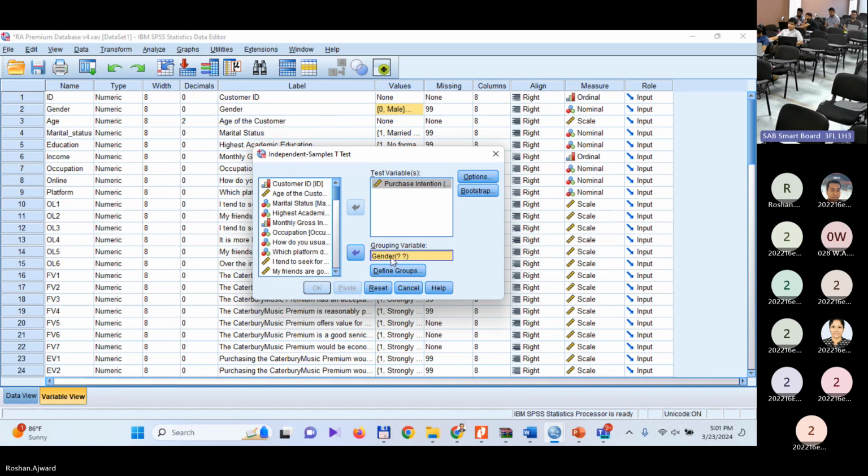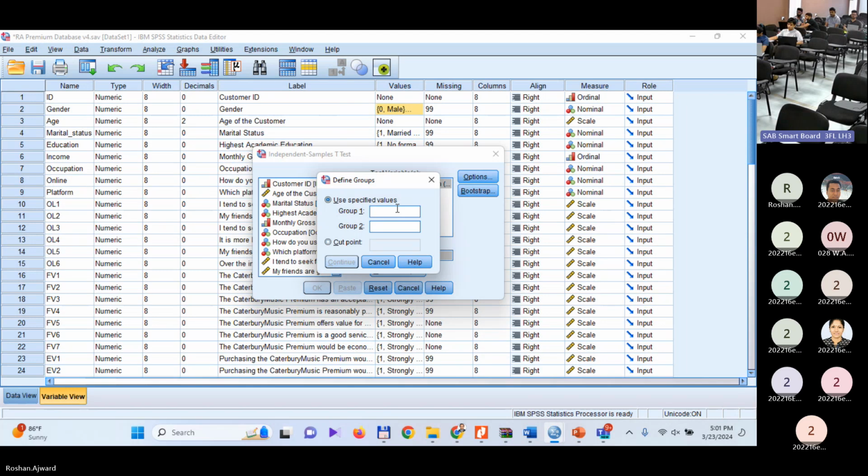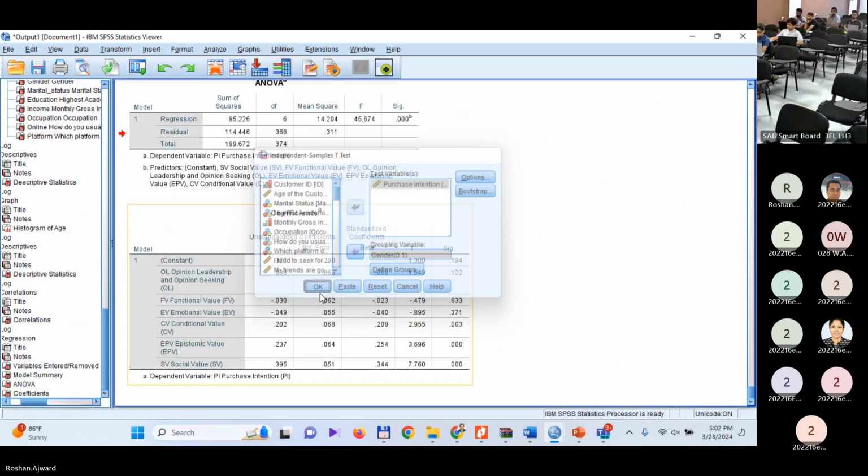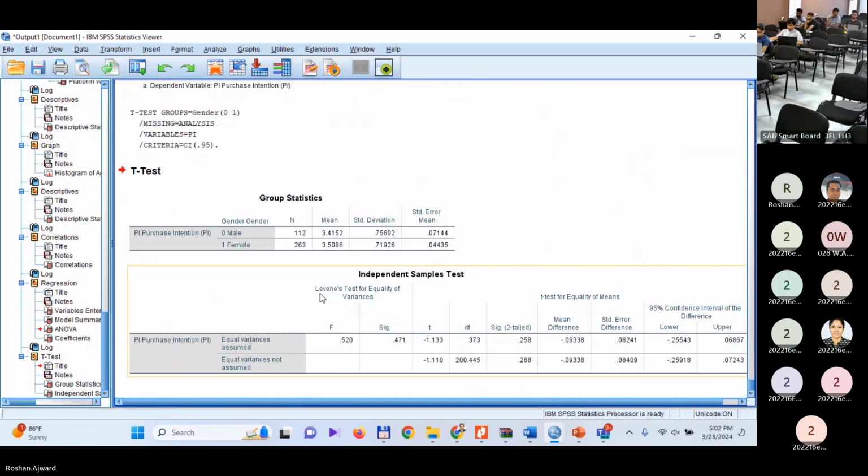Once you put gender, two question marks appear. Define groups 0 and 1, and you can press continue. So it knows what the 2 groups are, 0 and 1. That's it. That's all. Then come the independent samples t-test results that we may expect.